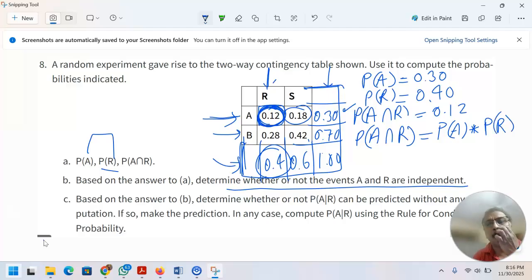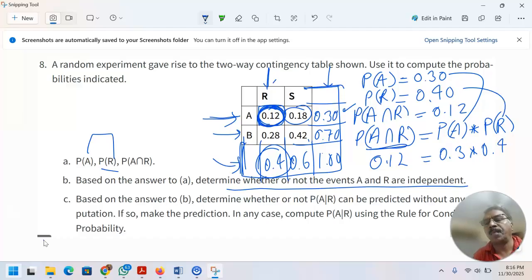If this is true, then we say the two events are independent. Now A and R you got 0.12, and this goes right here 0.3, and this goes right here 0.4. You can clearly see the product is equal to 0.12, and that is correct. So they are independent events. A and R are independent.